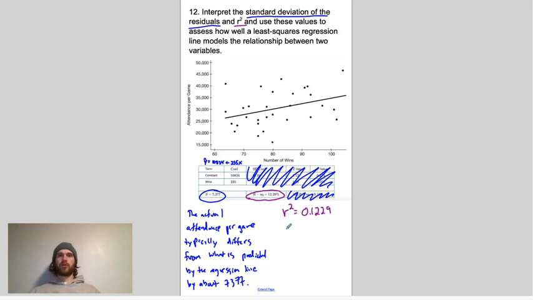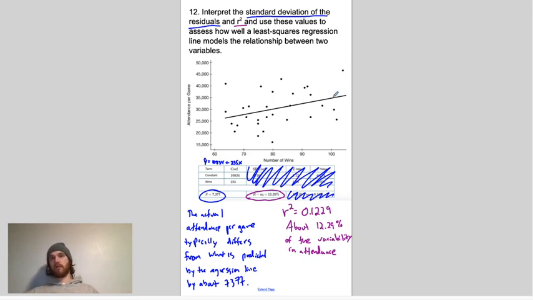So the way we interpret this is you say about 12.29% of the variability in attendance. So in a perfect world, knowing the number of wins, we would be able to predict exactly what the attendance would be.